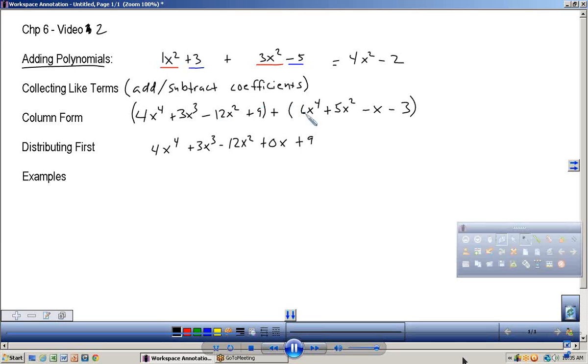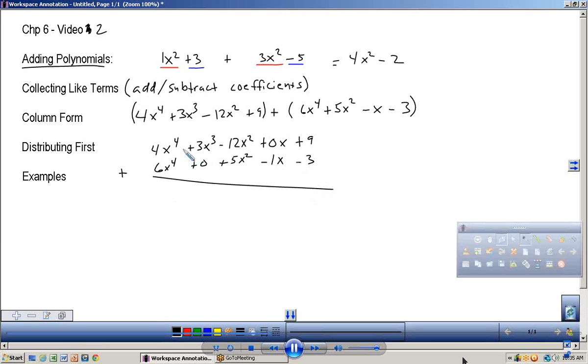Excuse me. So we have plus, and then we have 6x to the fourth underneath there. There's no x cubed term, so I can just add plus 0. Doesn't mean anything. Plus 5x squared. And then minus x, minus 1x. I'll write the minus 1. And then minus 3.